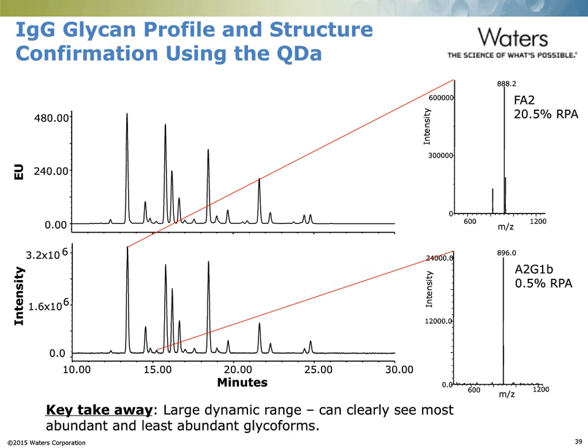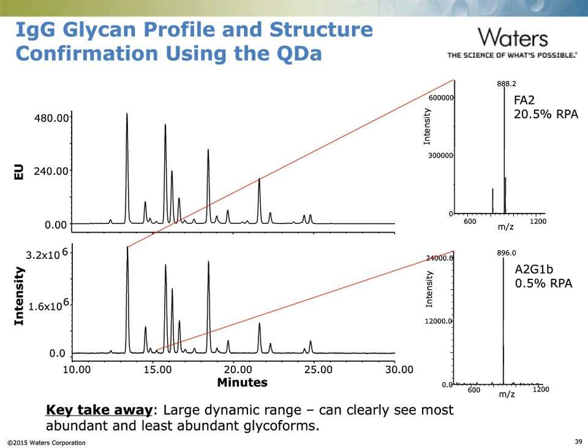We look at the most intense and the least intense glycan structures within this profile. We get very good mass data from the QDA for each of those structures, ranging from 20% relative peak area, and that's a fluorescence-based relative peak area, down to about 0.5% relative peak area. And we have examples where we've been able to see structures and get mass information down to about 0.1% relative peak area.